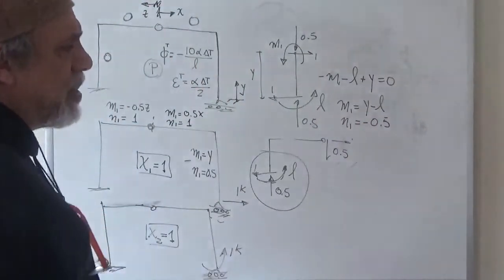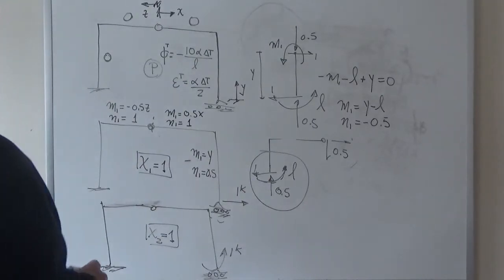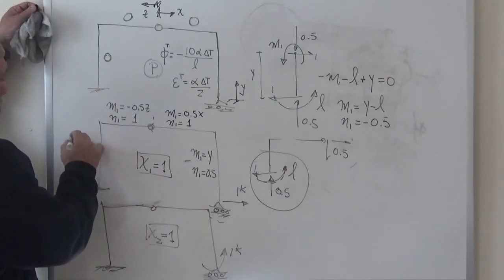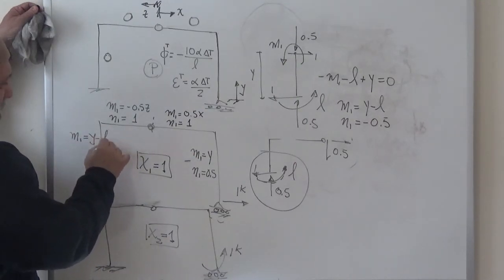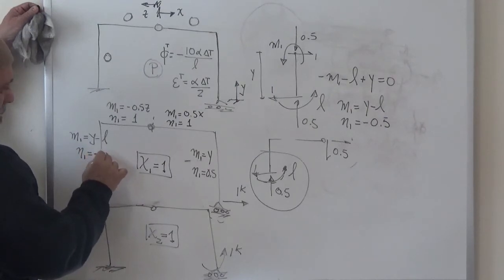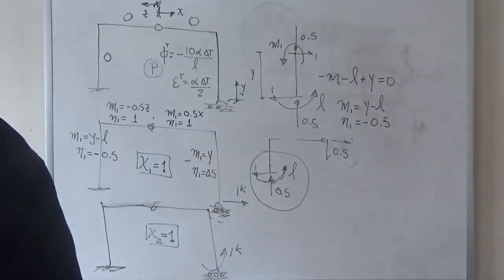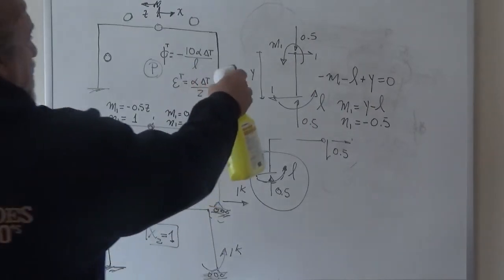Because it is compression, and we agreed that tension was going to be called plus. So I transplant the results to here, and we have M1 is equal to y minus L, and N1 is equal to minus 1/2. Okay, so that has concluded our work on the x1 equal to 1 sketch.